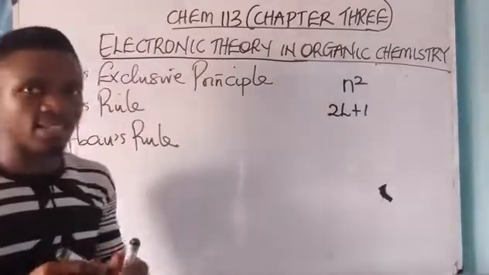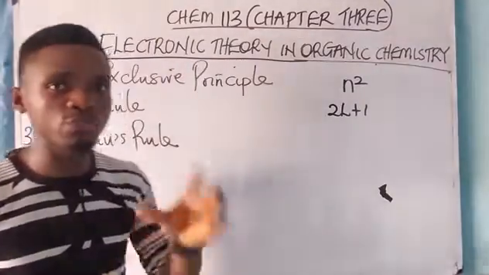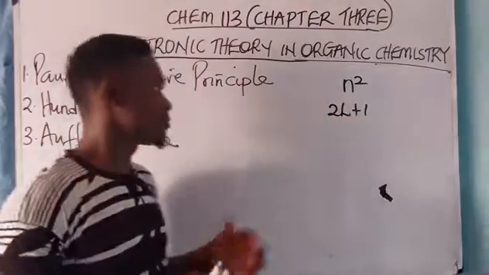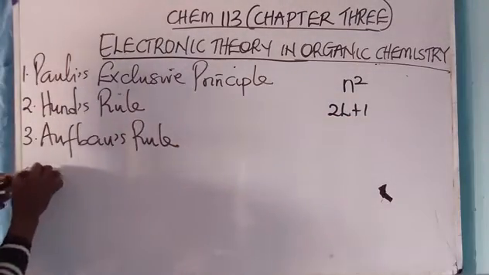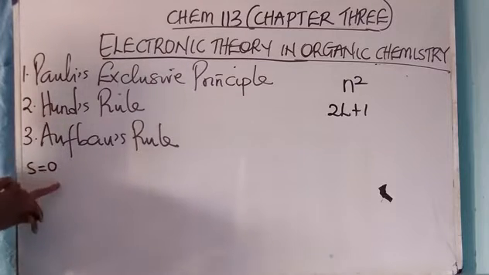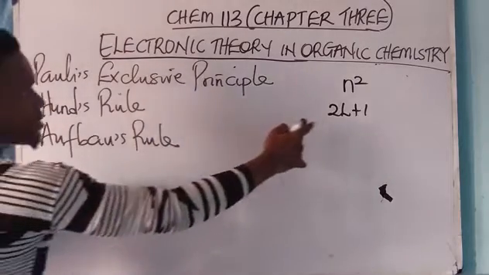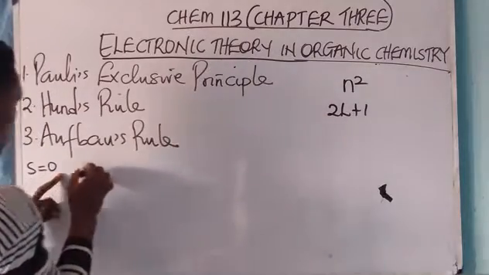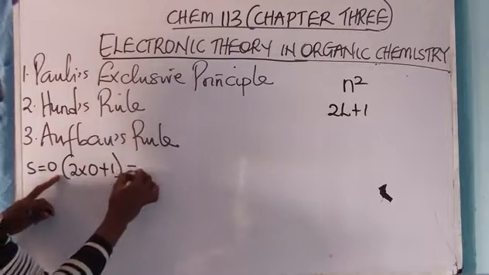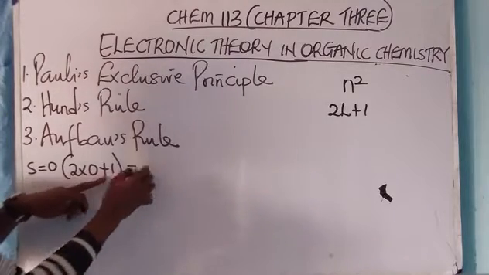I told you that anything that has to do with orbital is restricted to the azimuthal quantum number, which is L. Now, I told us that S is 0. We start reading from 0, which means that wherever I see L, I'll put 0. So I now have 2 times 0 plus 1, and that is 1.